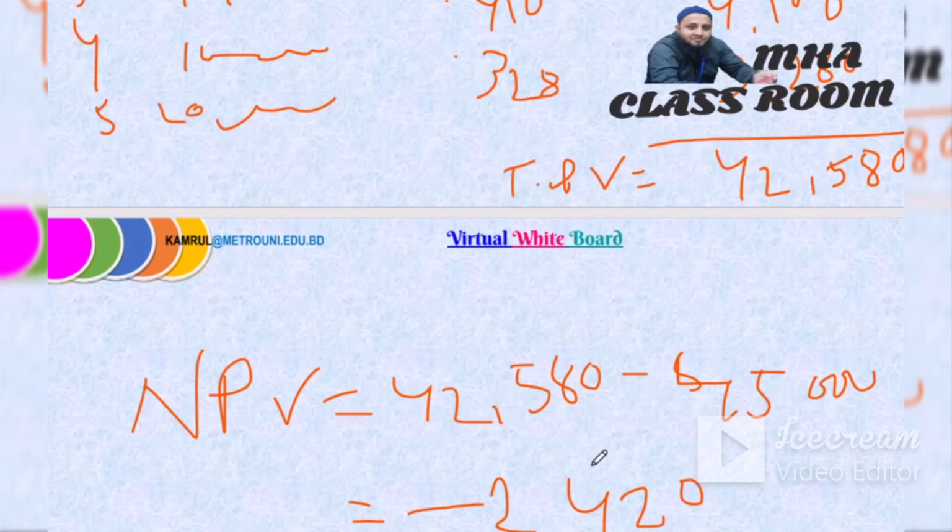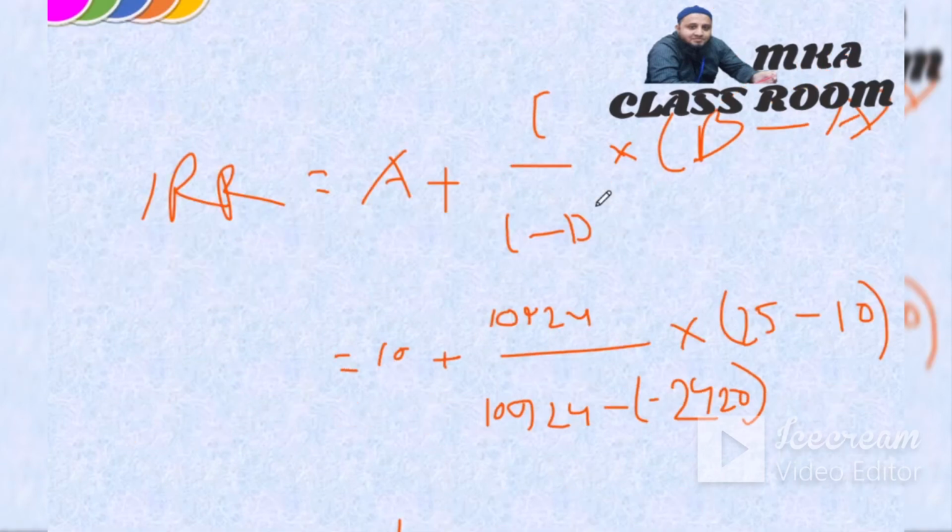So this is our interpolation formula: A, the lowest interest rate, that is 10%, plus C, the lowest interest rate's NPV 10,924, divided by the lowest interest rate's NPV 10,924 minus D, the highest rate's NPV, which is the negative NPV, negative 2,420, into B, the highest rate 25% minus 10%.